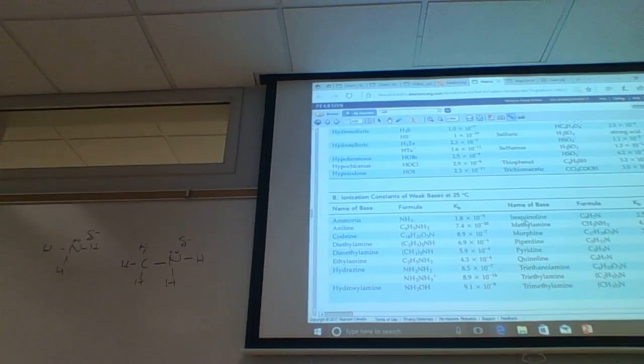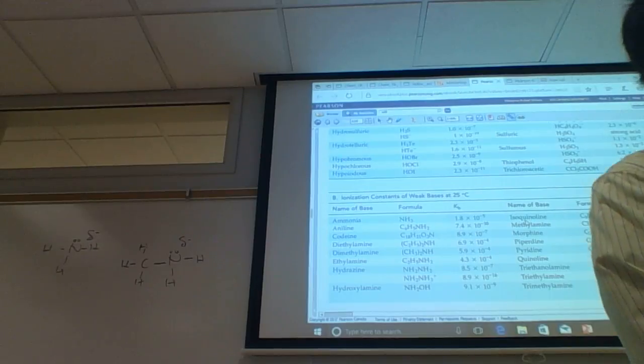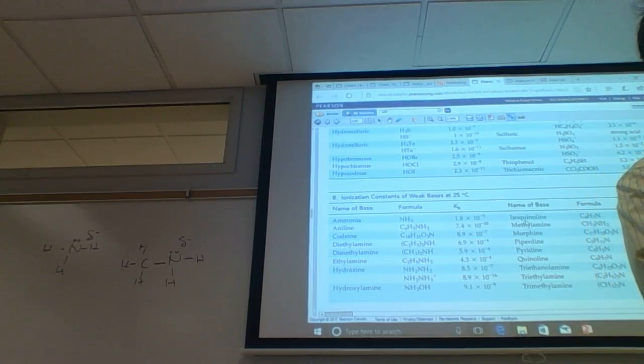Well, think in terms of acids. The bigger the K, the stronger the acid or the weaker the acid? For example, do strong acids have a big K or a small K? Strong acids, Ka.